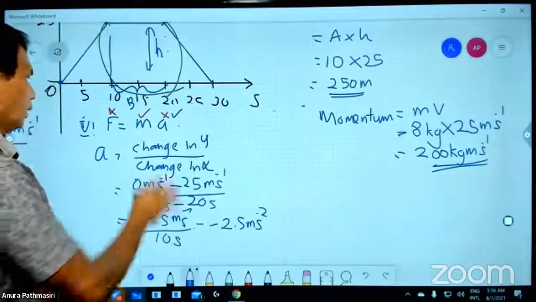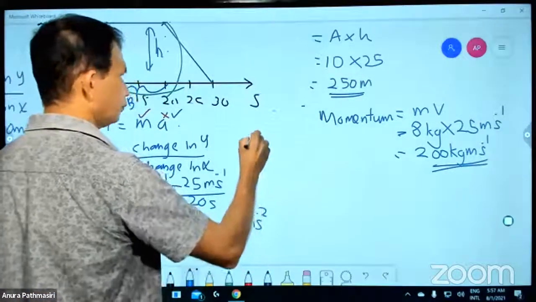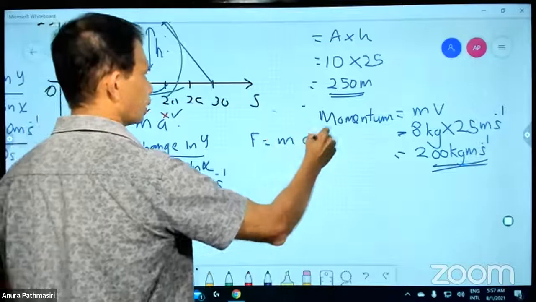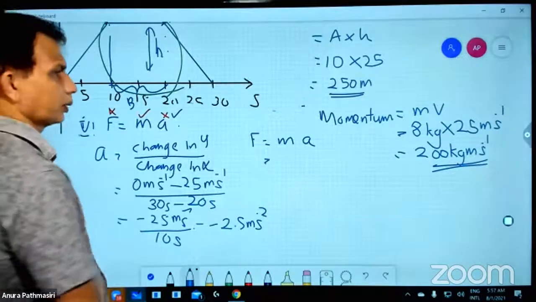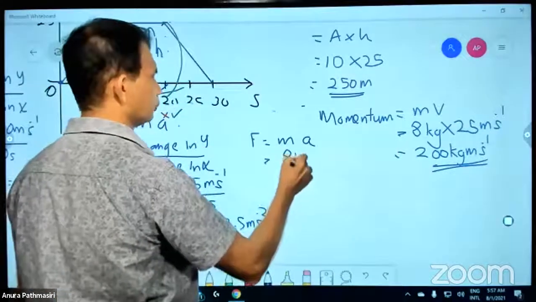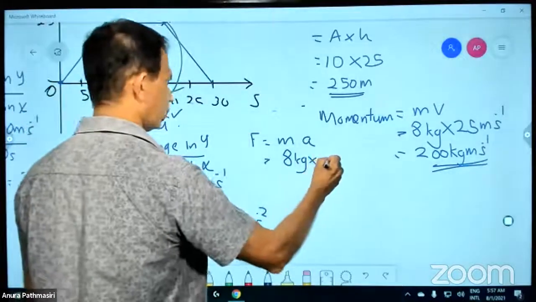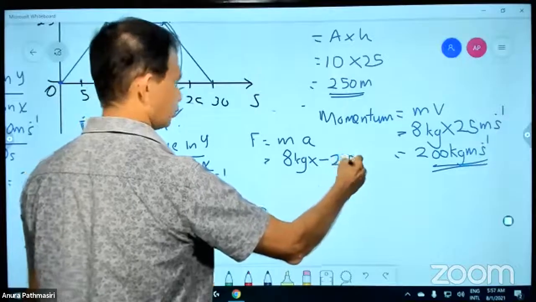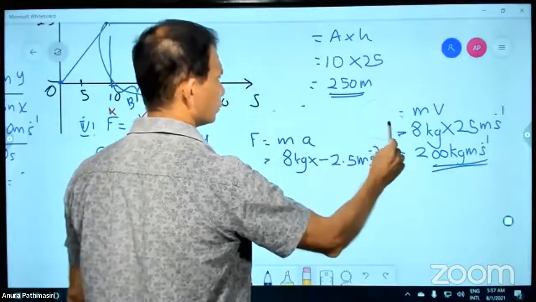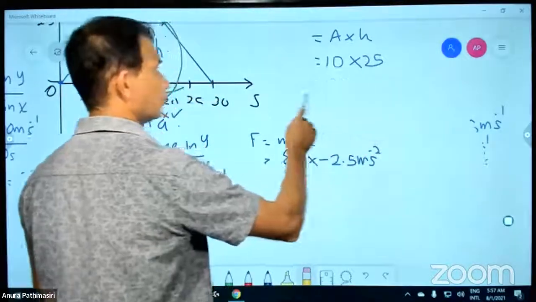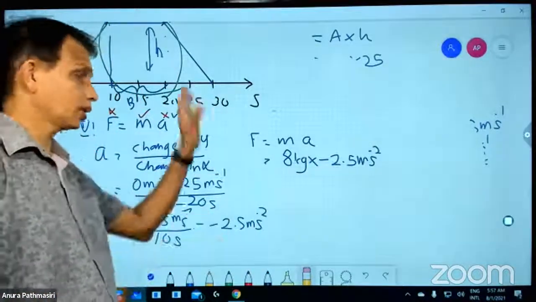Now we know m, we know acceleration. Now we can find out force. F equal ma. What is the mass? 8 kilogram multiplied by the acceleration we found out, negative 2.5 meters per second squared. We want to write the negative value because this is deceleration.